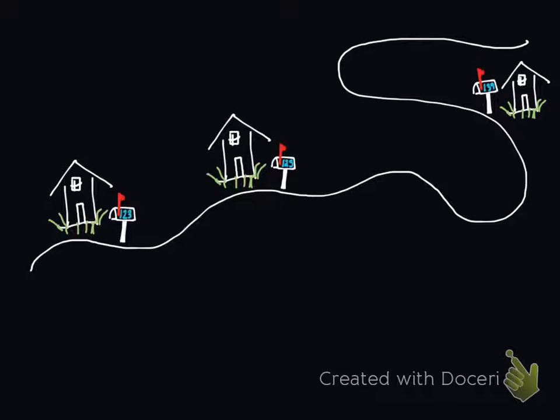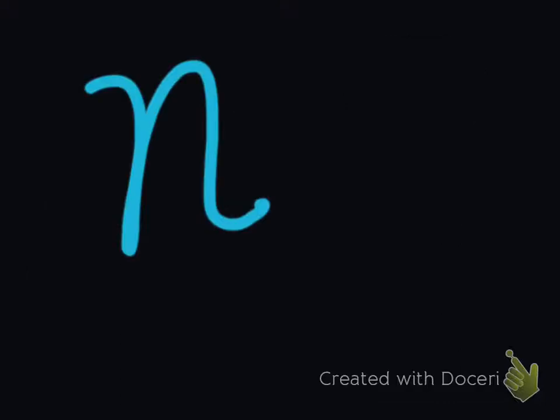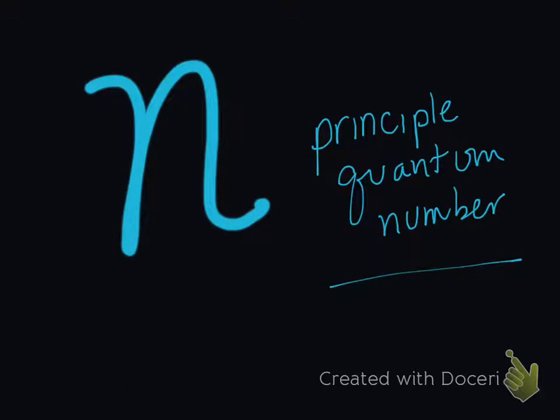So, the first one that you should be aware of is n. It's shown as a lowercase n, and n is the principal quantum number. N describes the main energy level that's occupied by electrons. The numbers for n are always whole numbers.